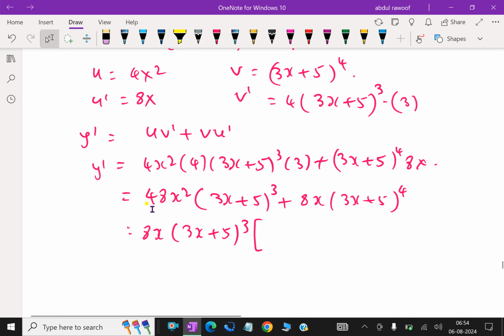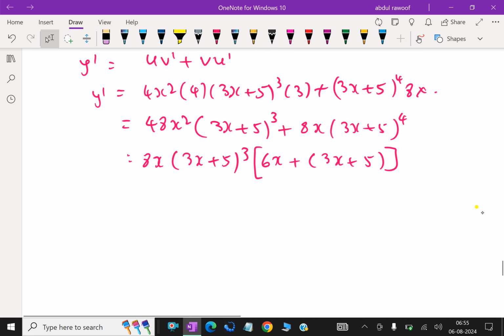Then here in 48x squared, 8x is out, so 6x, and this is completely out because (3x plus 5) whole cube is taken out. Then plus, here for 8x out, this completely out, (3x plus 5) whole cube, but here power 4 is there, so one more (3x plus 5).